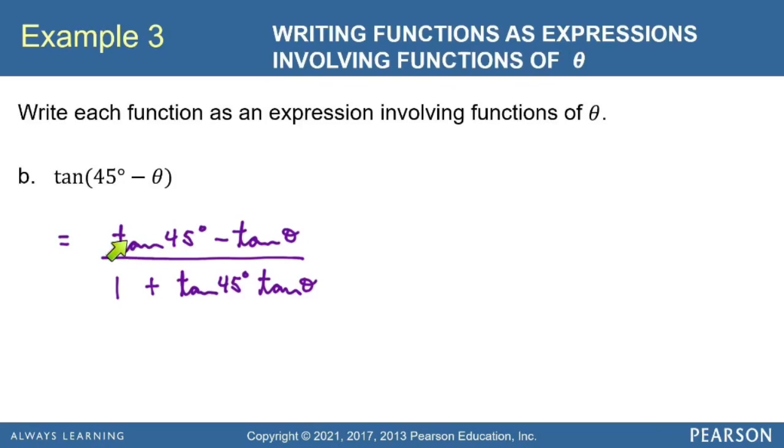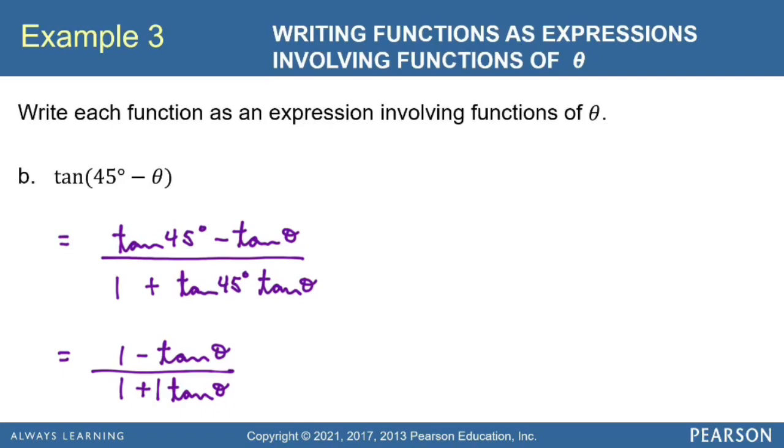Okay, now let's plug in the value of tangent of 45 degrees, which we know is 1. So that would give us 1 minus tangent of theta in the top, and that would be all over 1 plus 1 times the tangent of theta in the denominator.